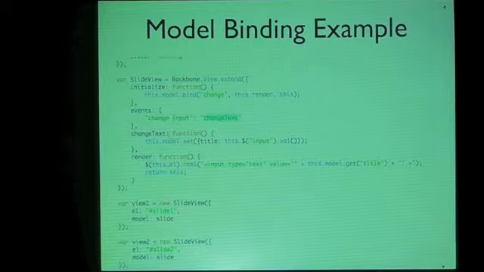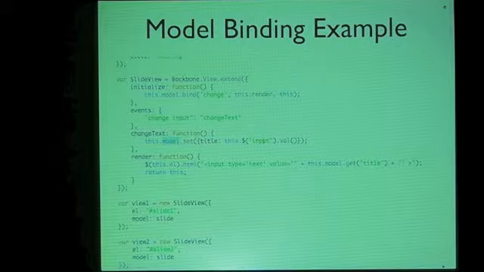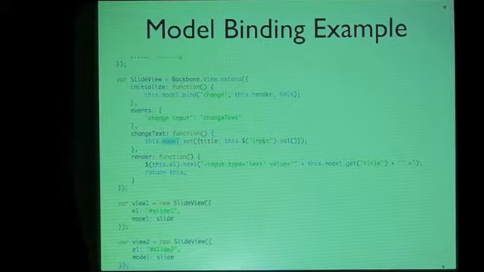So my change text function says, okay, take the model, set the title attribute to the value of my input value. So it's taking the value from the text box on the screen and dumping it into my model.